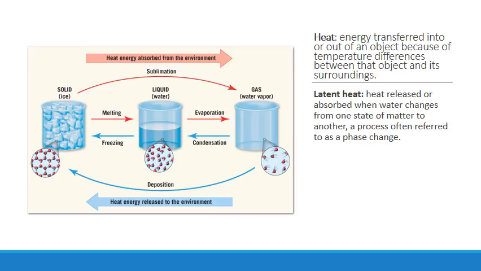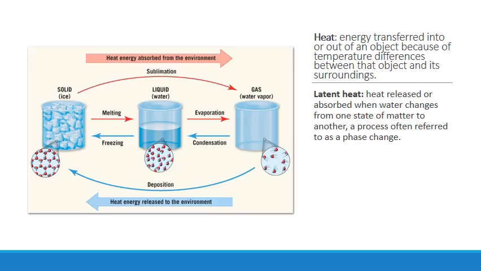The importance of latent heat is that atmospheric processes are governed by the amount of latent heat being absorbed or released. Keep in mind that latent heat is exchanged between the environment and water molecules anytime water undergoes a phase change.